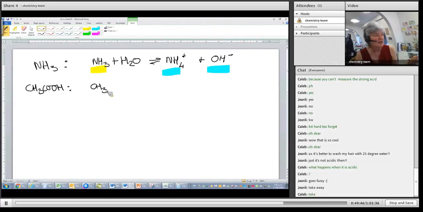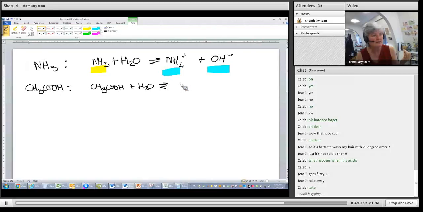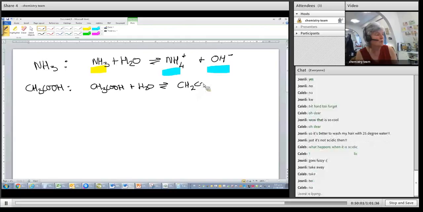With the organic acids, is this correct? No. Remember, it's always the H that's attached to the O, because that's the polar bond, the OH. The CH bond is very hard to break. So let's get rid of that.